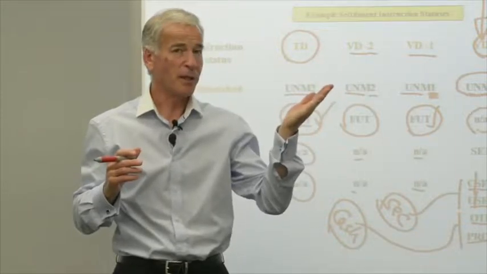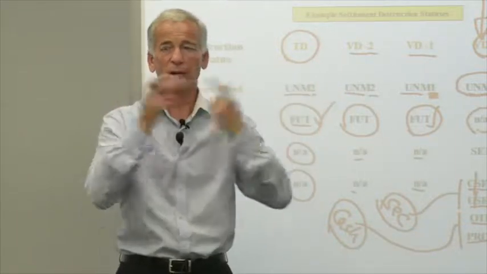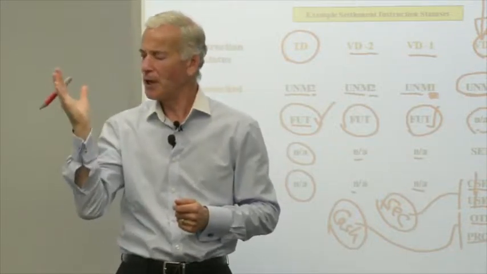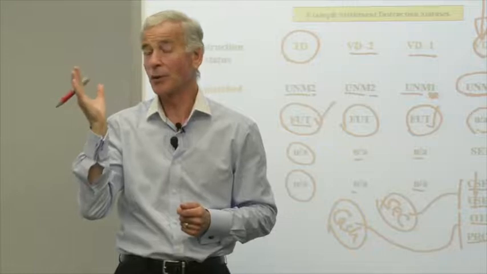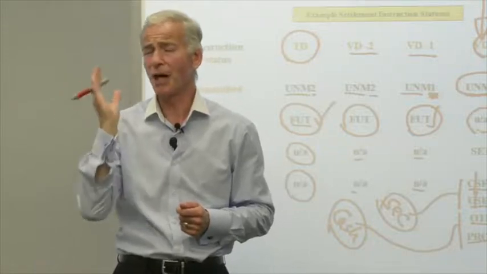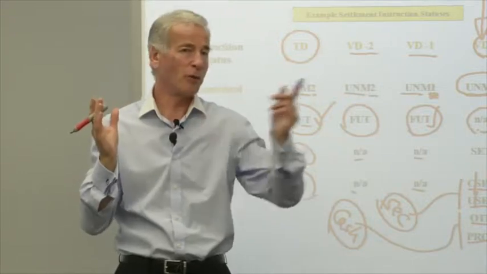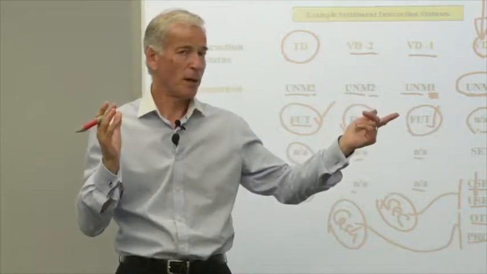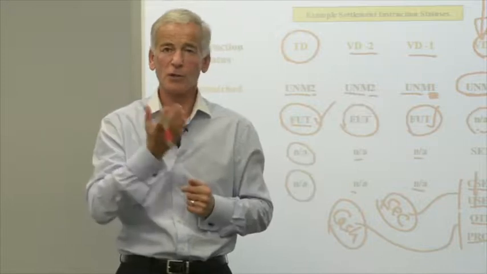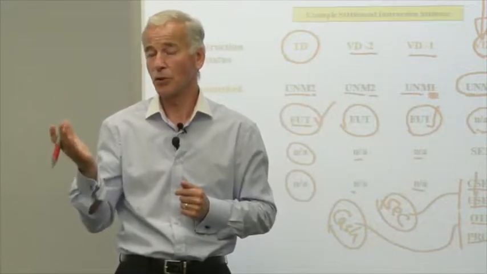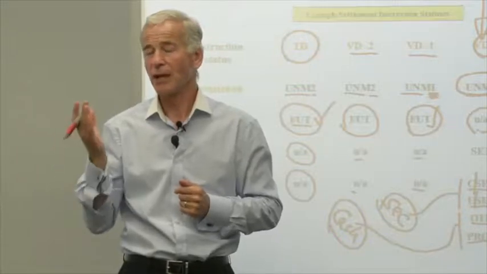The answer could be yes there as well, in which case I will allow settlement to occur. But going back to this, if I ask the question, has the seller got adequate quantity of securities to deliver? If the answer is no, then clearly there's no point in looking to the buyer, because I'm not going to allow settlement to occur if the seller does not have sufficient quantity of securities. So therefore it's sequential.